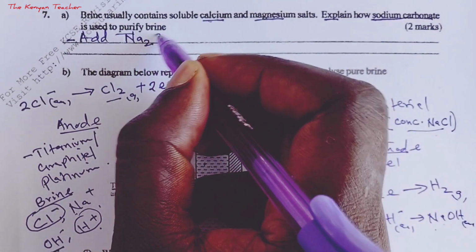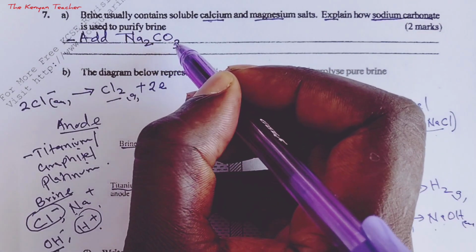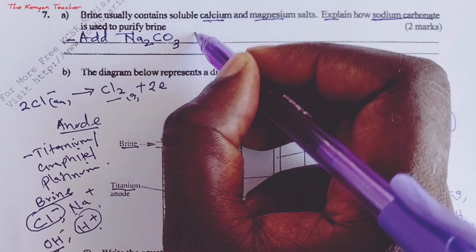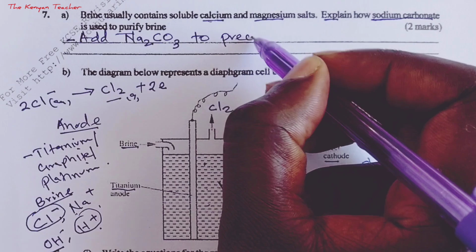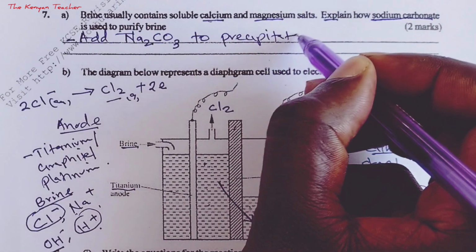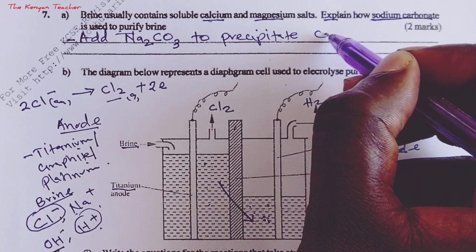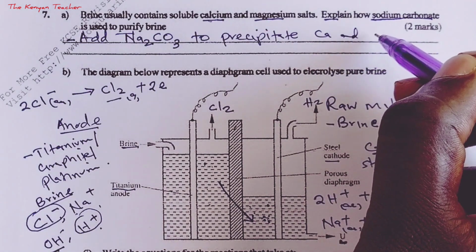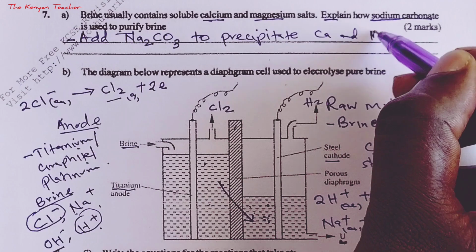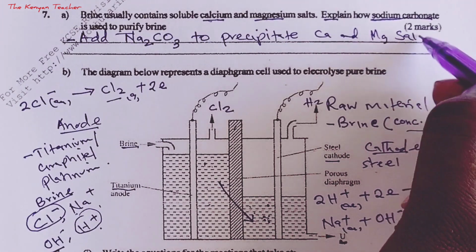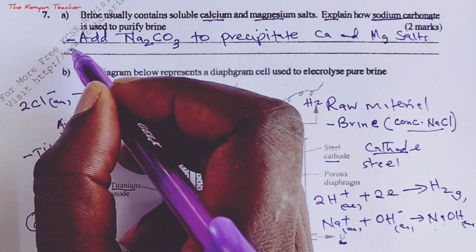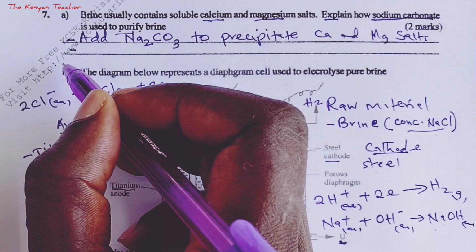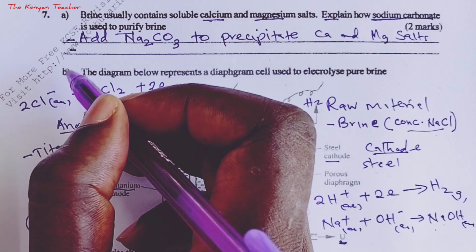I will use symbols to save on space. So we add sodium carbonate to our brine, and the reason for doing this is to precipitate the calcium and magnesium salts. So they will be turned into solids which are precipitates in form of carbonates.